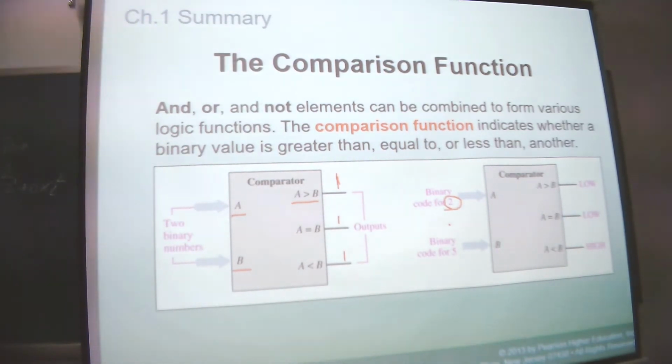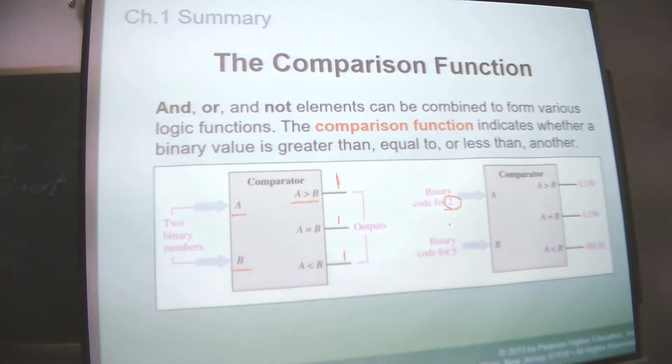You know, the first bit is weighted by 2 to the 0, this bit is weighted by 2 to the 1, this bit is weighted by 2 to the 2, and this one is weighted by 2 to the 3.